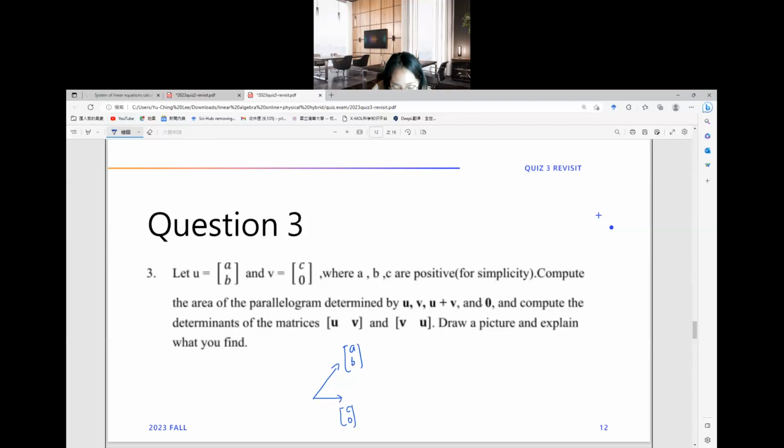But the second dimension being 0 means that it's on the x-axis, okay? And compute the area of the parallelogram determined by u plus v, and 0. So basically, we're computing the area formed by here.